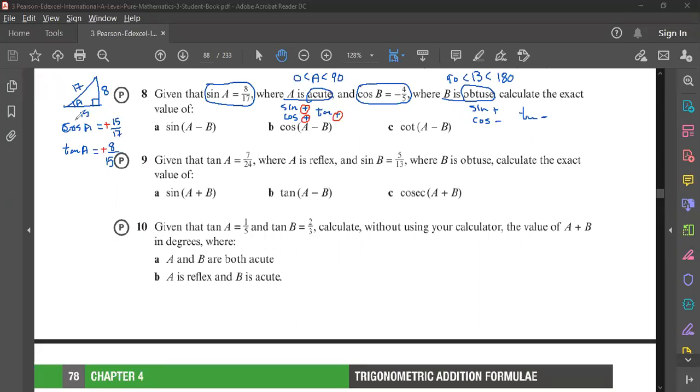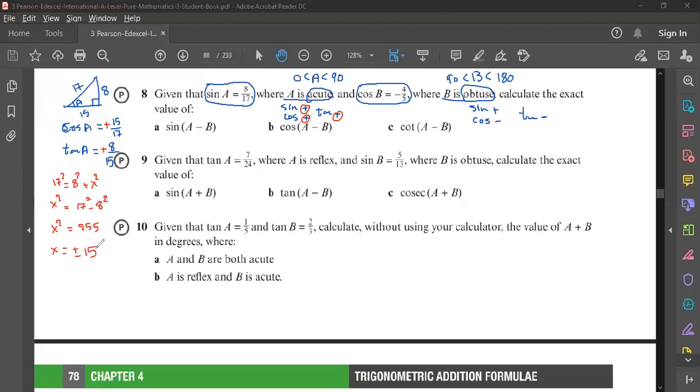When you got 15, Bashar, you said 17 squared equals 8 squared plus x squared. So x squared equals 17 squared minus 8 squared. So x squared equals 225 and you took the square root, plus minus 15.